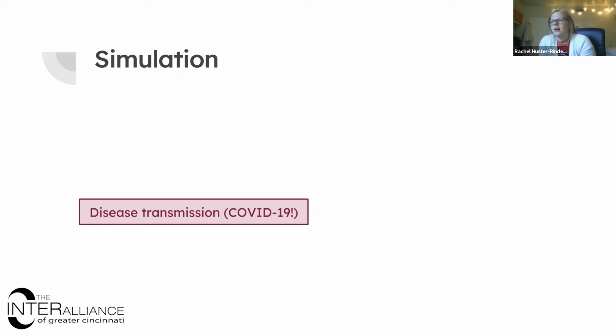I saw a lot when the social and physical distancing recommendations started to come out, little graphics showing how disease transmission changes based on implementing the 6-foot rule or the groupings of no larger than 10 rule, and showing, here's what it would be if we went about our lives in a normal way, and here's what disease transmission could look like if we implemented these measures. I'd hope that some of you had seen those, and if not, I can provide links for some of the ones that I think are really cool. That's simulation.